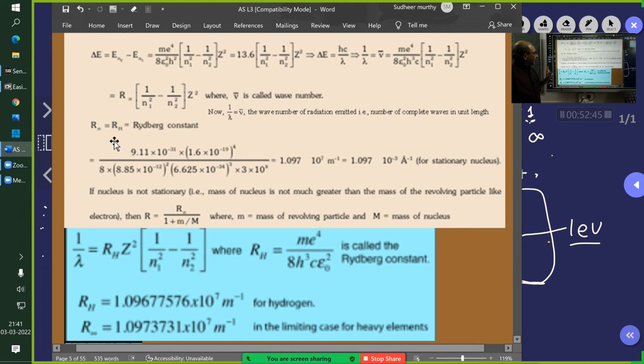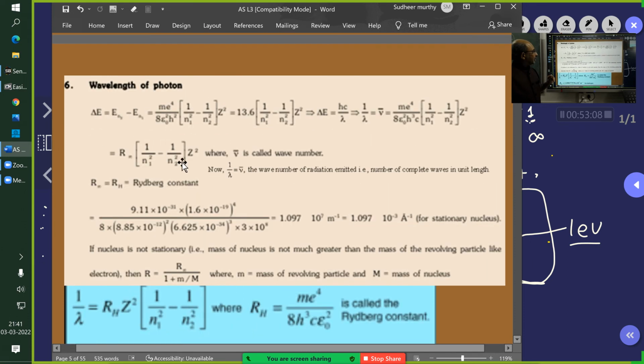For hydrogen, R infinity will simply be equal to RH, but for others, you have to retain it as R infinity. There is a small difference in this one. It is 1.097 for RH, and for R infinity it is 1.096. Keep this in mind, because I have seen one question appear which is based on this.